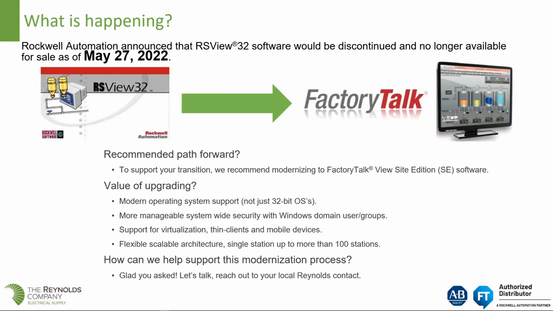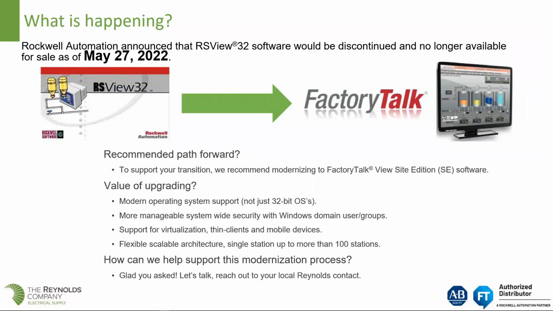Now, operating systems, one thing myself and my counterparts are making a push on: RSView 32 has been officially retired. For many of you, you probably thought that had been retired years and years ago, but no, it hasn't. So it is now officially retired.